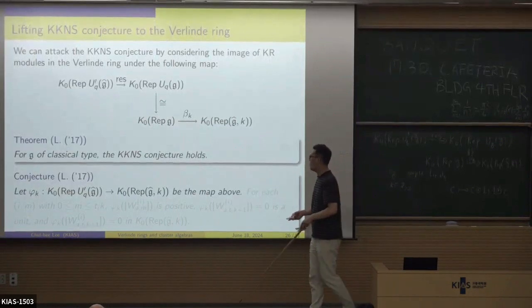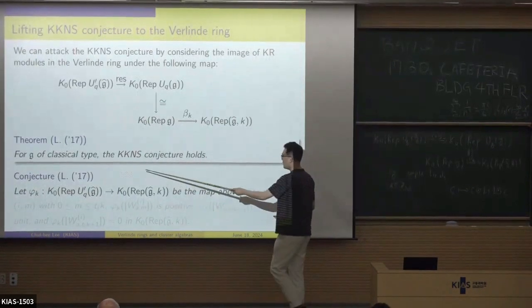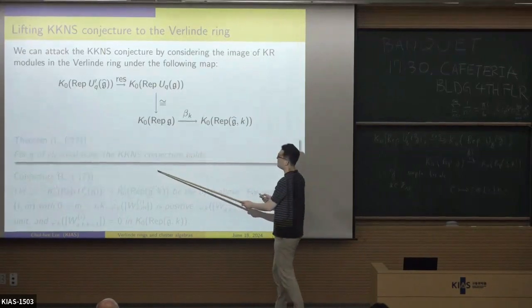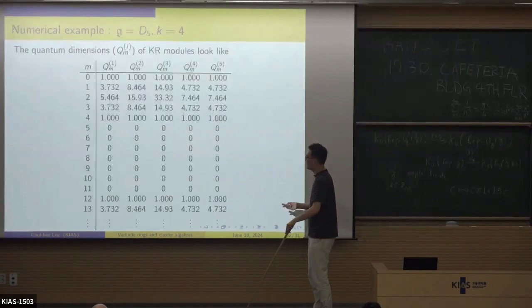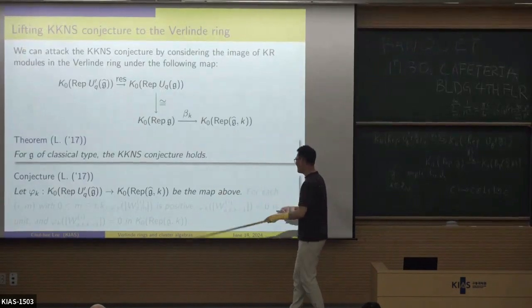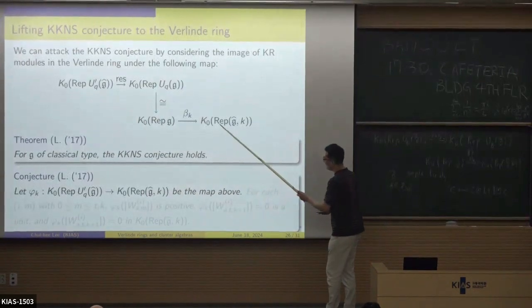So my conjecture, and so this is Kirillov and Kuniba-Nakanishi-Suzuki. Here, I just abbreviated. Okay, so what I found is actually we can consider positivity on this level.